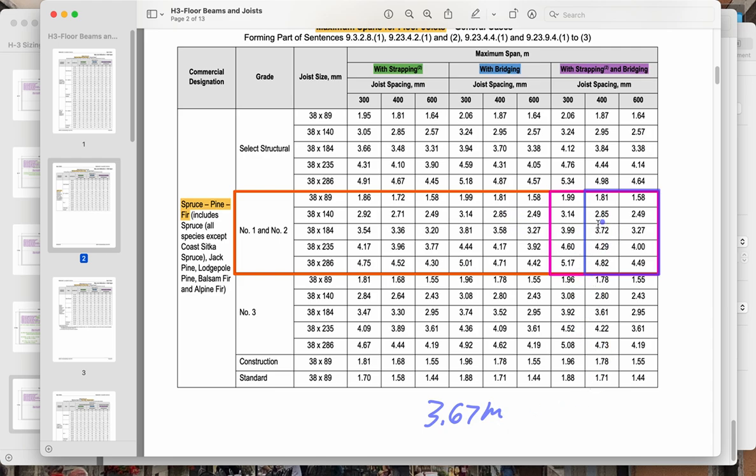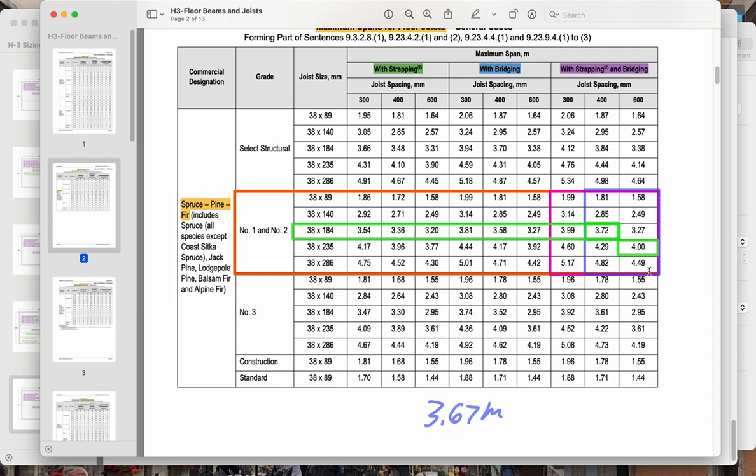So we can look, and we've got a couple options right off the hop. We have 3.72 and 4.0. So we could choose, let's bring this across, a 2x8 at 400 or 16 on center, or we could choose a 2x10 at 600 or 24 inches on center.